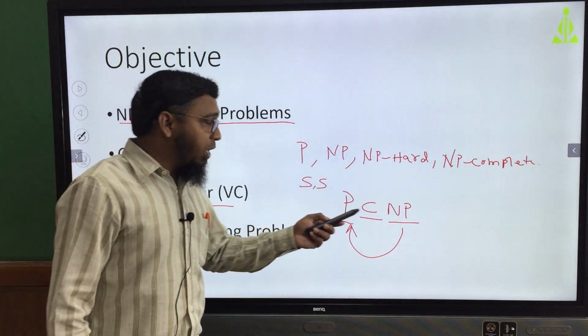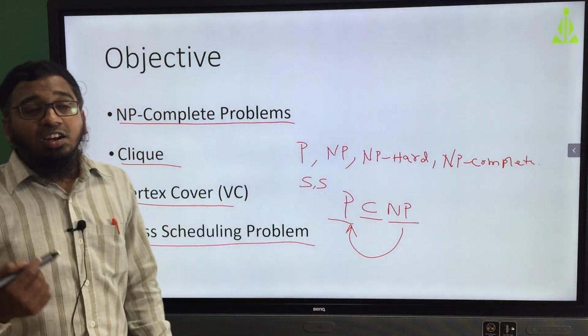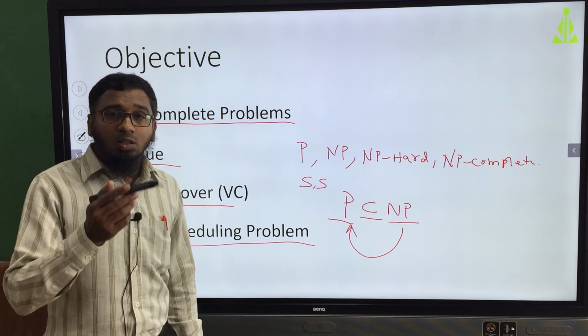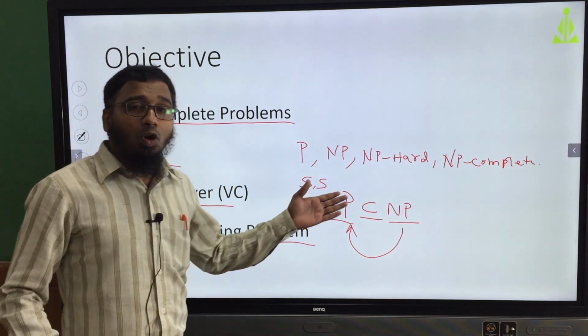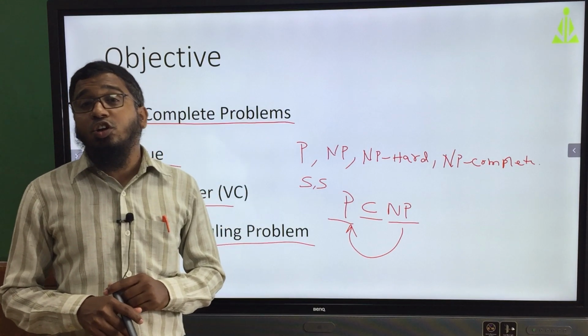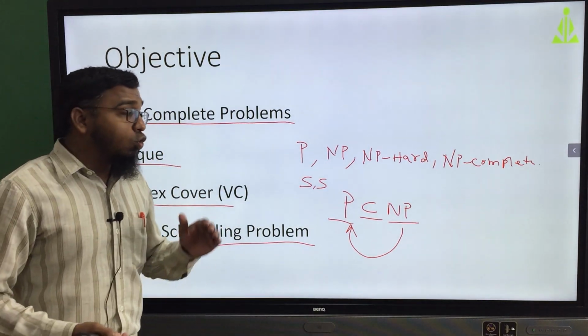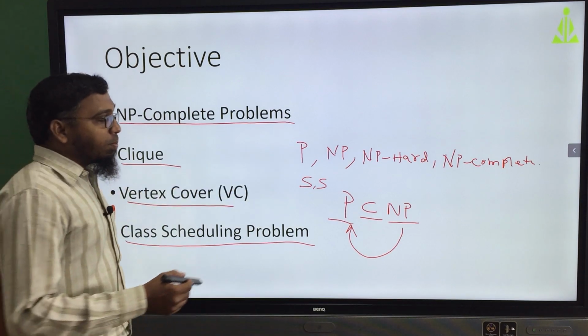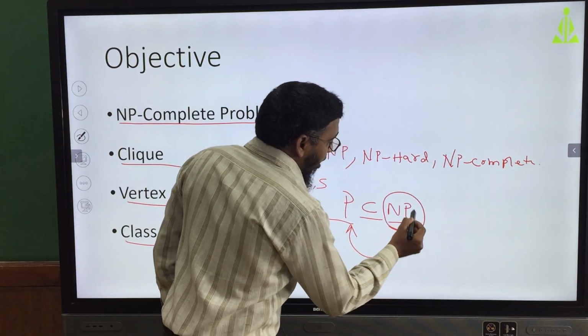And NP is like the traveling salesperson problem and the Hamilton cycle problem. These are all NP problems. Here we are going to use a non-deterministic algorithm to solve the problem. That is also one part, NP.